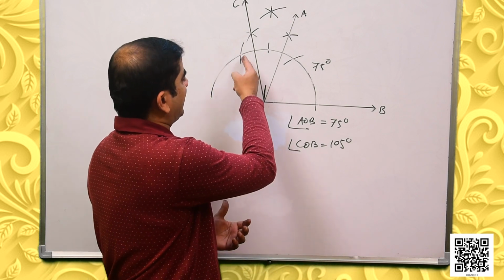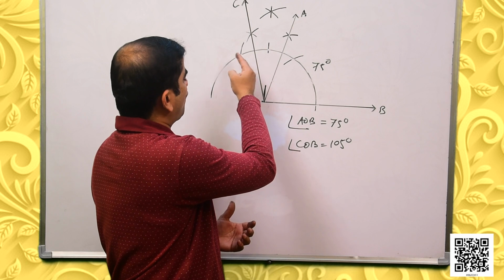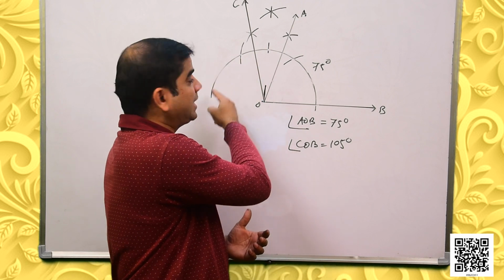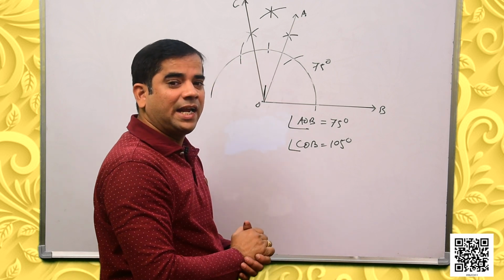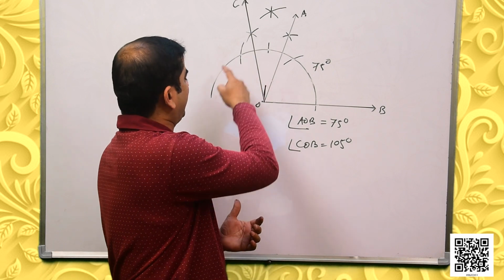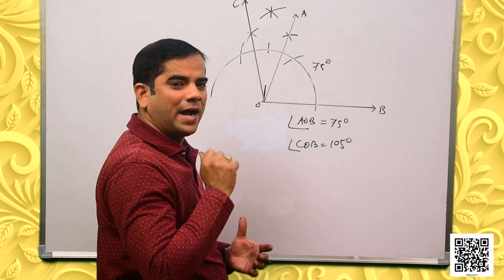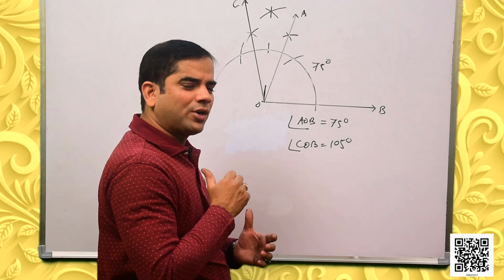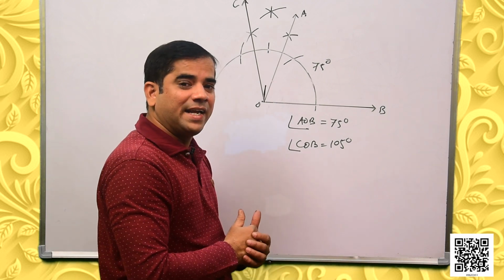Because 120 degree, and if I go for the next intersection, it will be a value 60 degree which will be on this line. Okay, that means 120 degree plus 60 degree is 180 degree. So what should we do to get 15 degree?